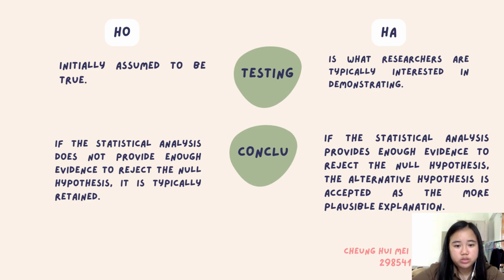In the conclusion, if the statistical analysis does not provide enough evidence to reject the null hypothesis, it is typically retained. For the alternative hypothesis, if the statistical analysis provides enough evidence to reject the null hypothesis, the alternative hypothesis is accepted as the more possible explanation.